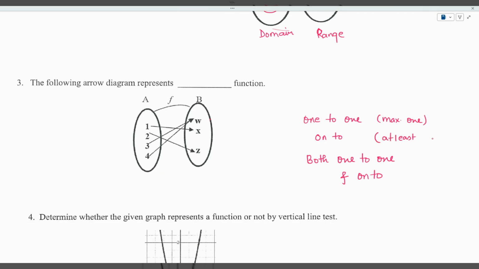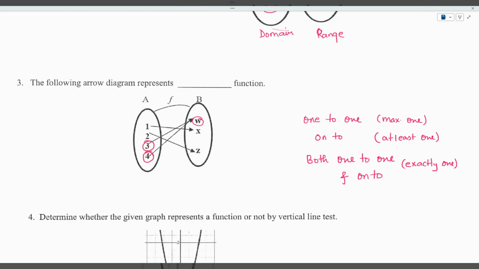And here, exactly one. Okay, so look at here. For the point W, how many elements are there? There are two elements in A, 3 and 4, right? So for one to one, for each element in the range, there can be a maximum of one element in the domain.